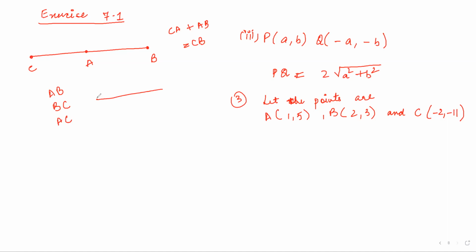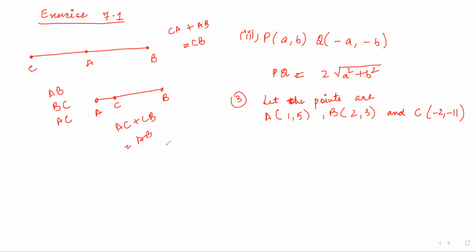Or it can be like this also. For example, I have A here, then C here, B here. I don't know the location of the points, but I know that the sum of the two distances is going to be equal to the third distance, isn't it? So in this case, AC plus CB should be equal to AB.